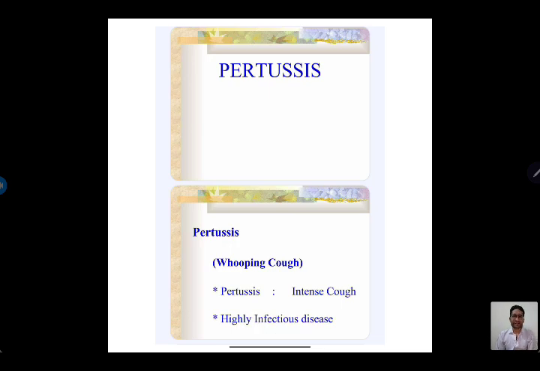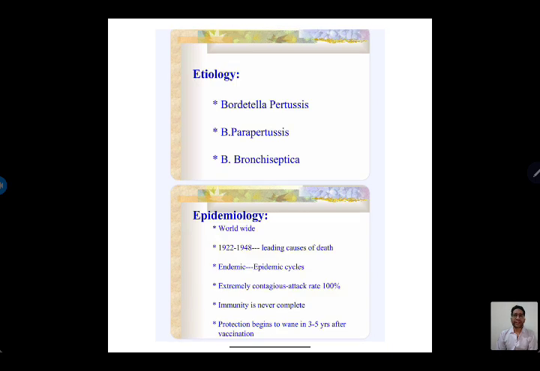So the next disease is pertussis. Pertussis is also called whooping cough, an intense cough and highly infectious disease. Etiology is Bordetella pertussis, B. parapertussis, and B. bronchiseptica. Epidemiology: worldwide, from 1922 to 1948 it was a leading cause of death.